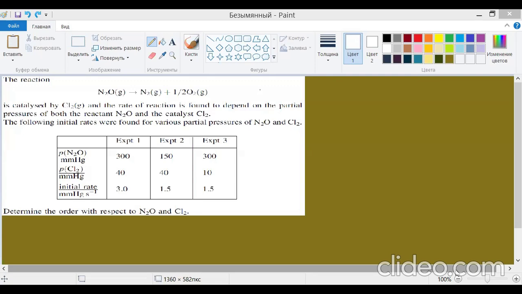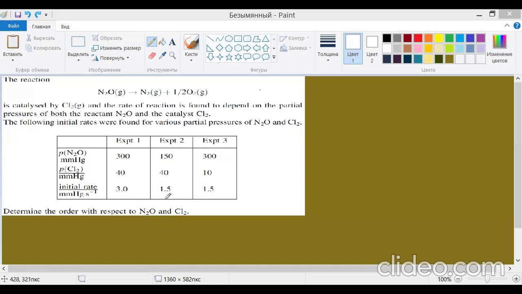And we've got findings obtained from 3 experiments where we can see the dependence of the initial rate on the partial pressures of N2O and chlorine, and we are supposed to estimate the order with respect to N2O and chlorine.